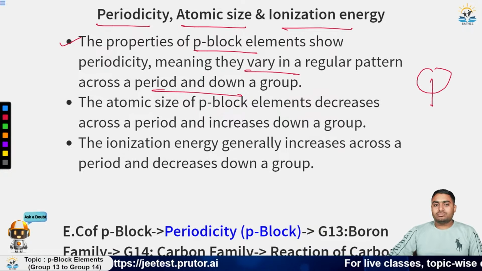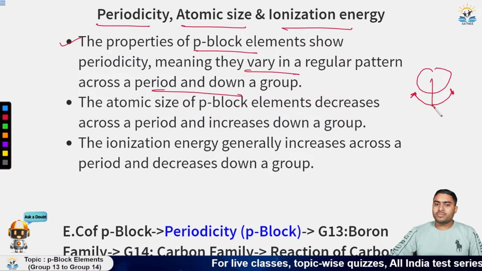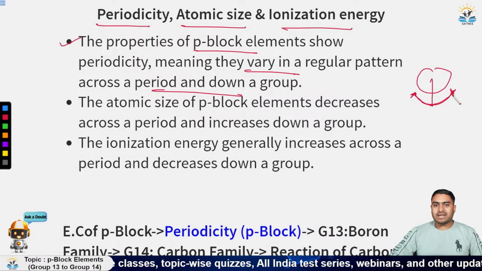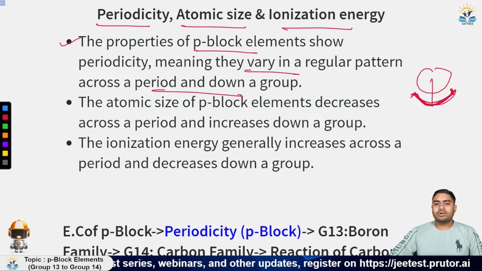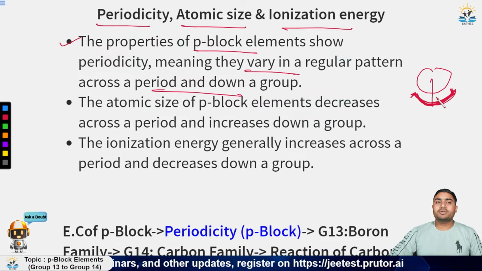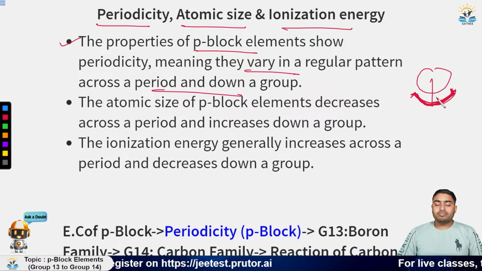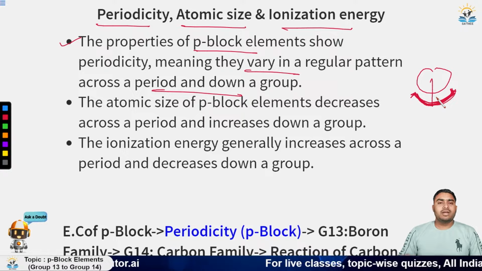It goes in 1 second here, then 1 second to come back, then 1 second to go here, then 1 second to come back. This is called a repetition process, a periodic process. So this is periodicity: properties repeating in a regular pattern in the periodic table, in case of elements, is known as periodicity.